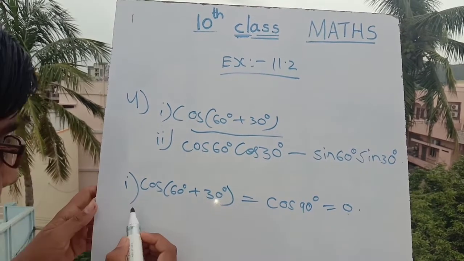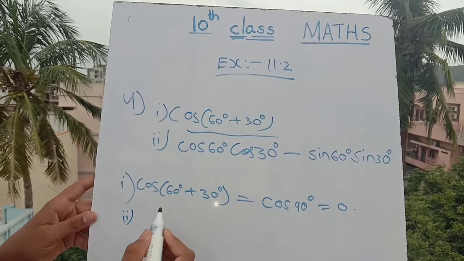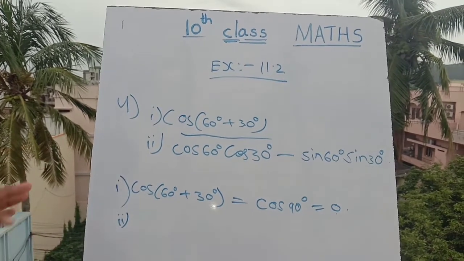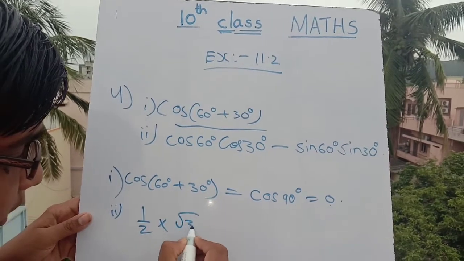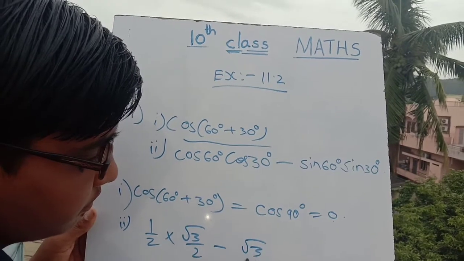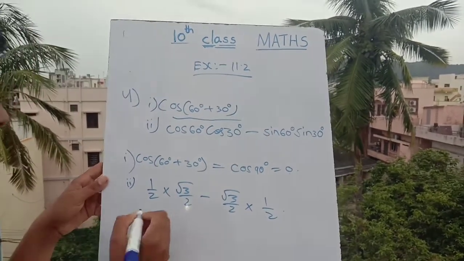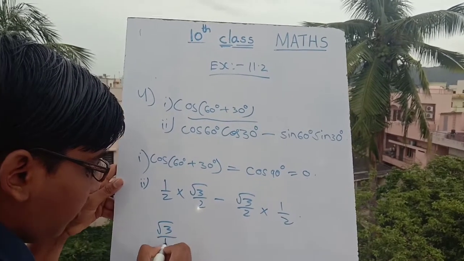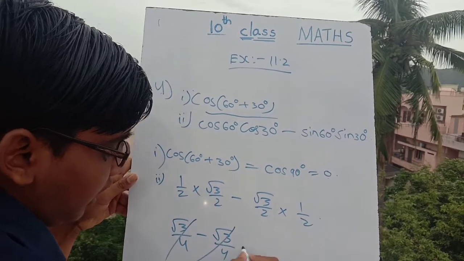So let's do the second bit. The value of cos 60 is 1 by 2, into cos 30, which is root 3 by 2, minus sin 60, which is root 3 by 2, into 1 by 2. So it is going to be root 3 by 4 minus root 3 by 4, so the value is equal to 0.